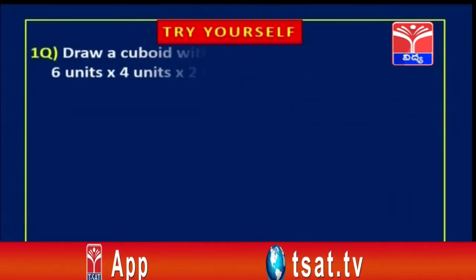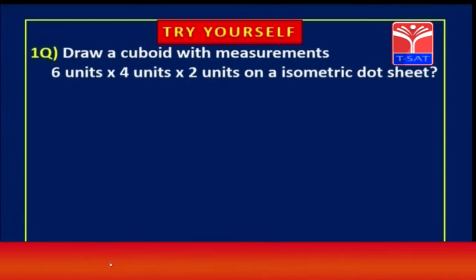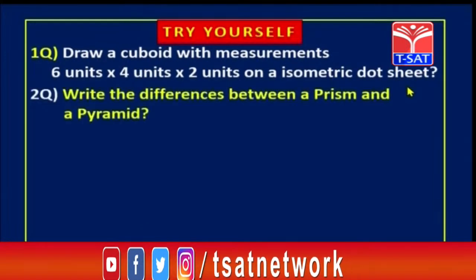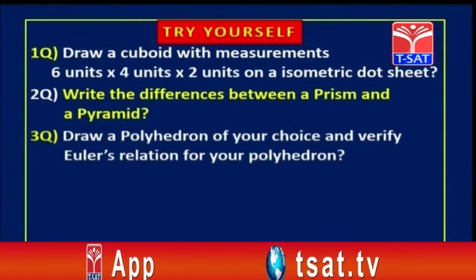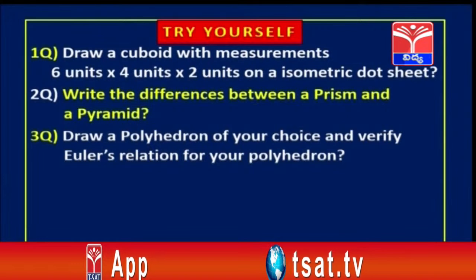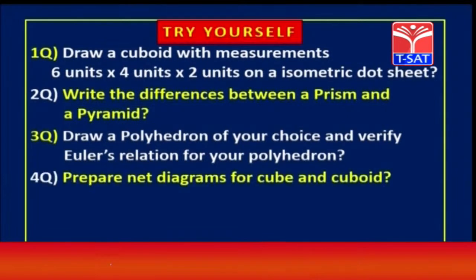Children, try yourself. Draw a cuboid with measurements 6 units, 4 units, 2 units on an isometric dot sheet. Write the differences between a prism and a pyramid. Draw a polyhedron of your choice and verify Euler's relation for your polyhedron. Prepare net diagrams for cube and cuboid.